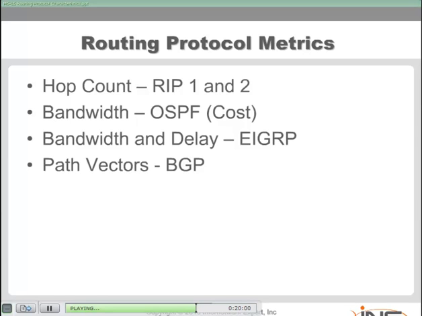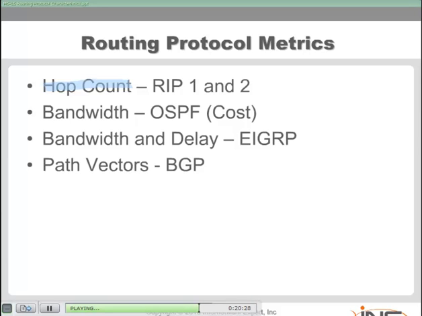As you can see, different routing protocols use different metrics. For example, RIP uses a simple hop count. Hey, how many routers did you come through to get here? That is the determination of which route will be better. Why we don't like that is it doesn't take bandwidth into consideration.